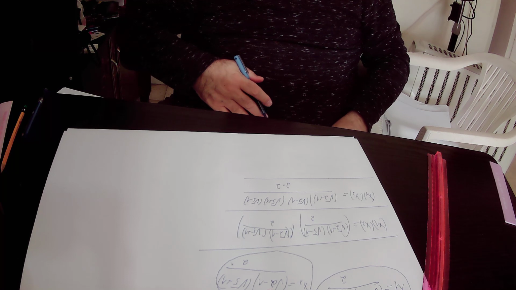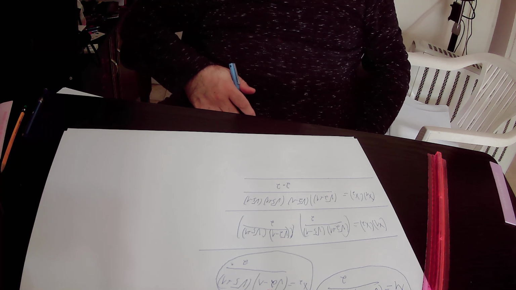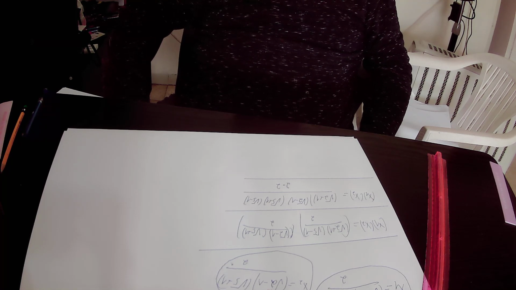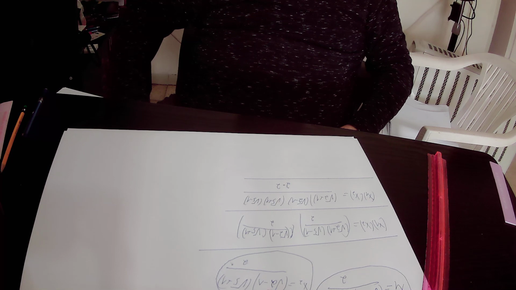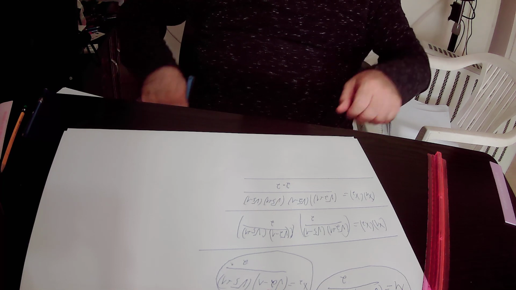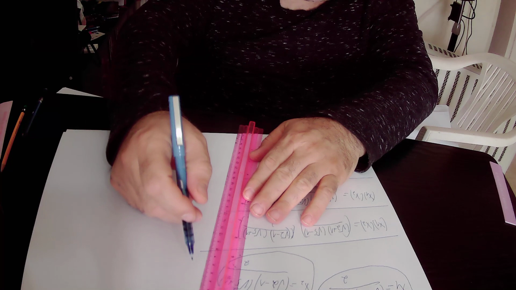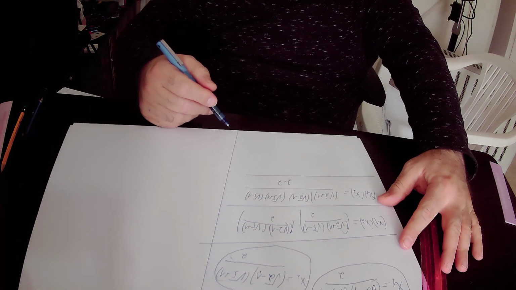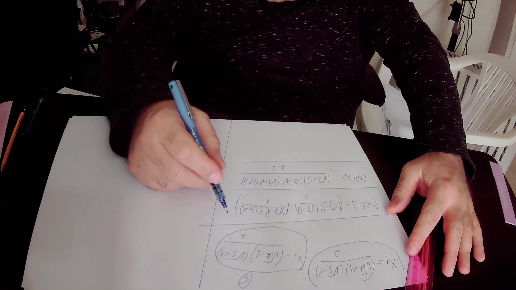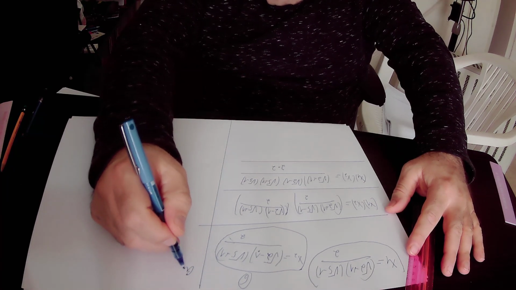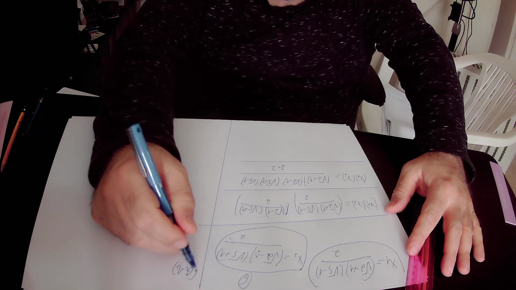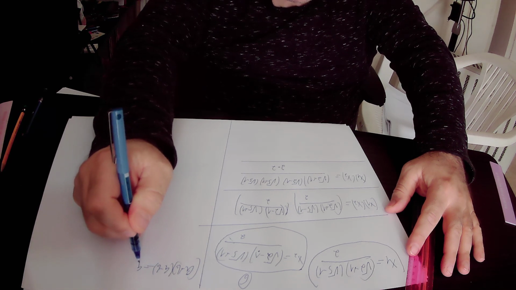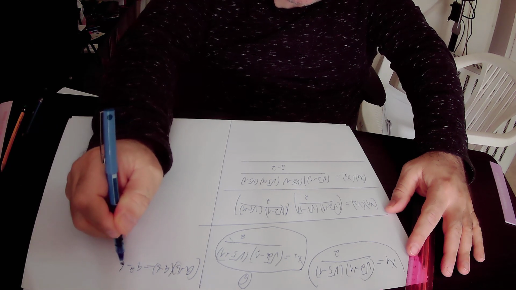So the expression square root of 2 plus 1 times square root of 2 minus 1 is very similar to the algebraic identity that states that a plus b times a minus b equals a squared minus b squared.